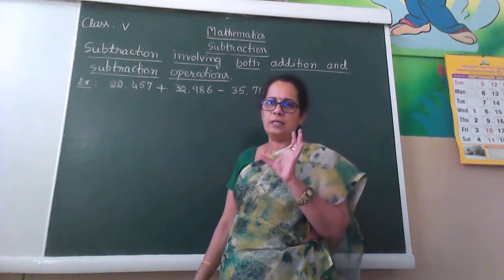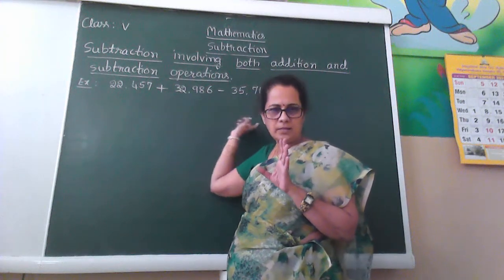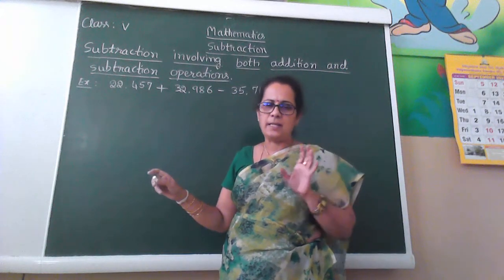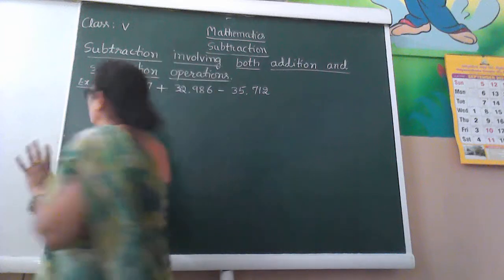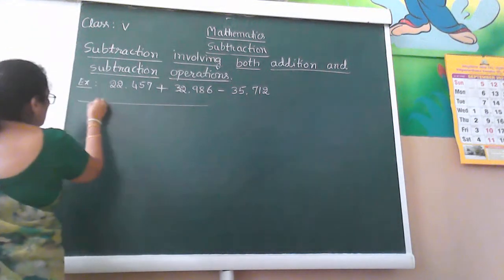First we'll add these two. So these are 5-digit numbers. So we'll add first. For that, write the place value chart. So in addition, we did this place value chart, isn't it?